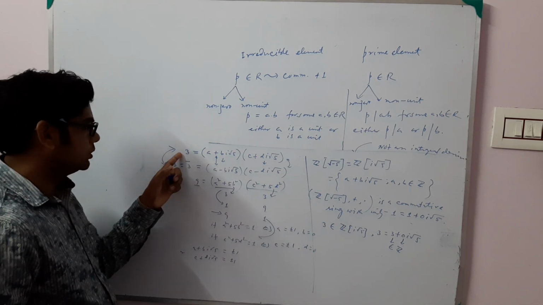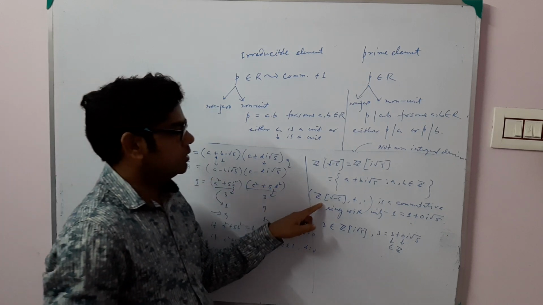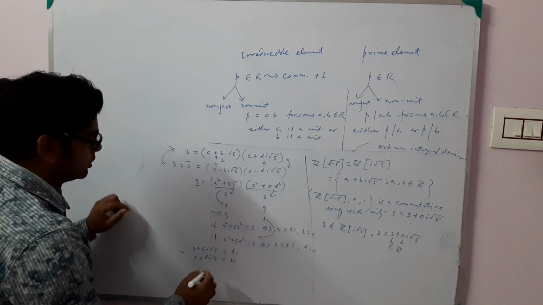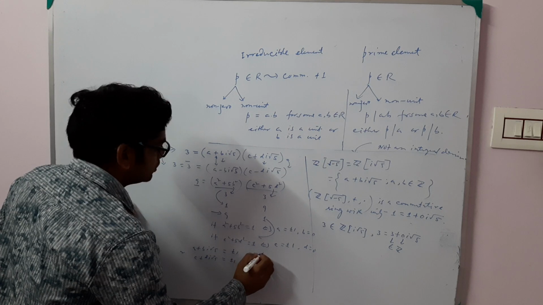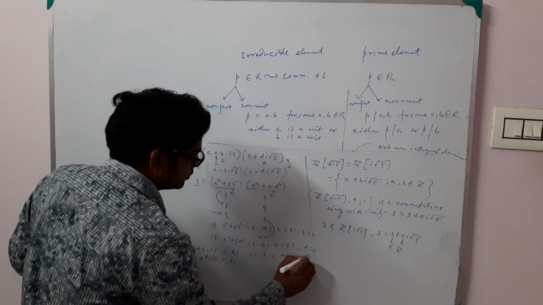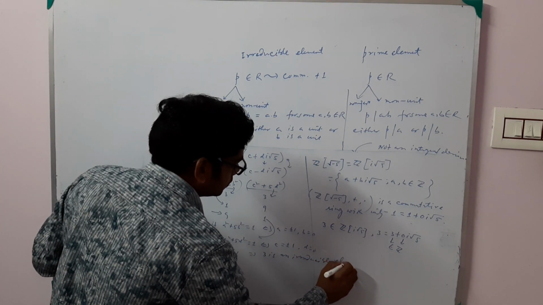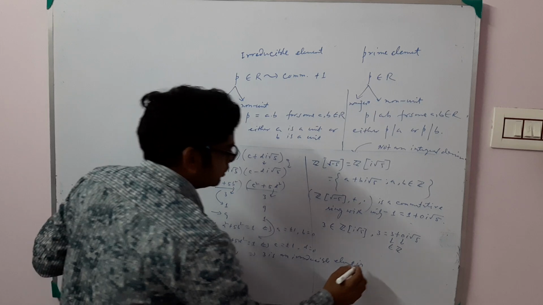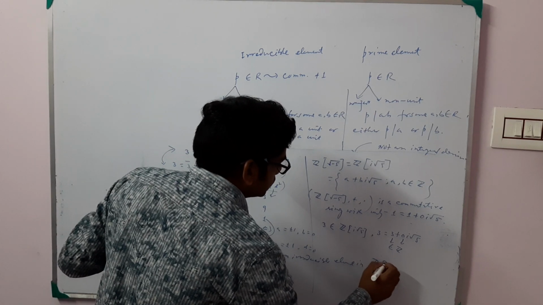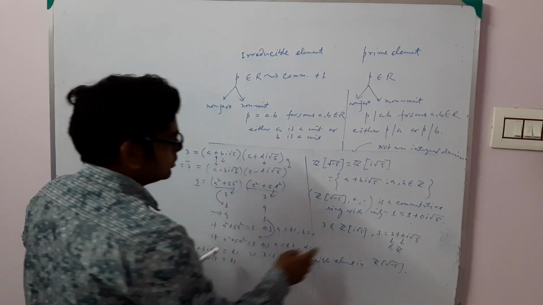So this element 3 in this ring is an irreducible element. So conclusion is that 3 is an irreducible element in Z root minus 5 or Z i root 5.